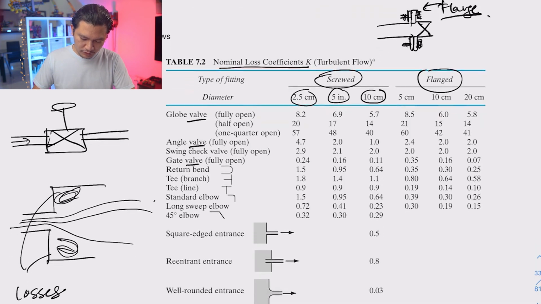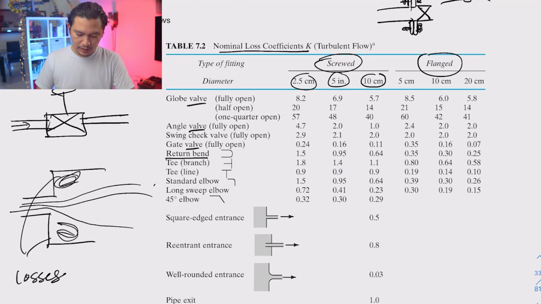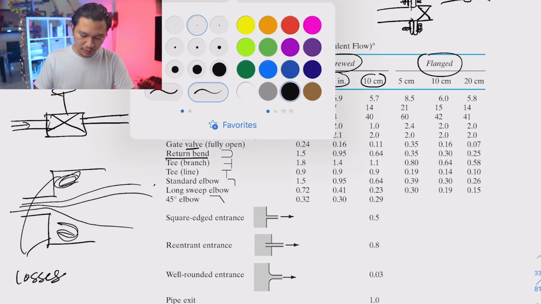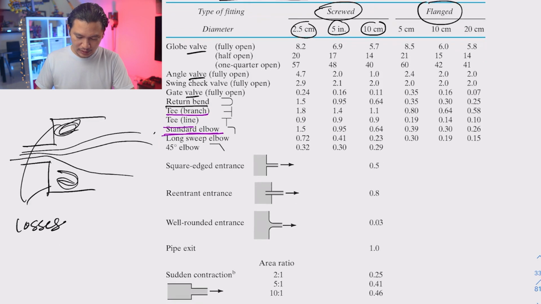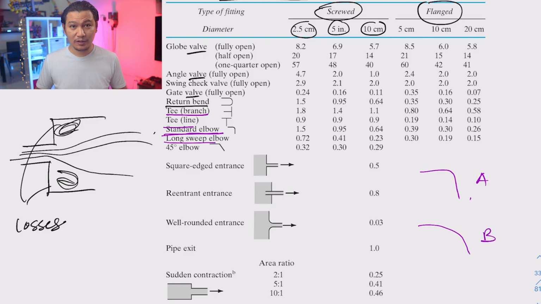Now, if the flow goes through a bend, this is a return bend, and then you have the tee, or tee-line, and the standard elbow. I believe that this is very common if we do piping in our house, for example. And we also have the long sweep elbow. If you imagine a standard elbow looks like this, and a long sweep elbow might look something like this, between A and B, which one do you think will have greater losses?